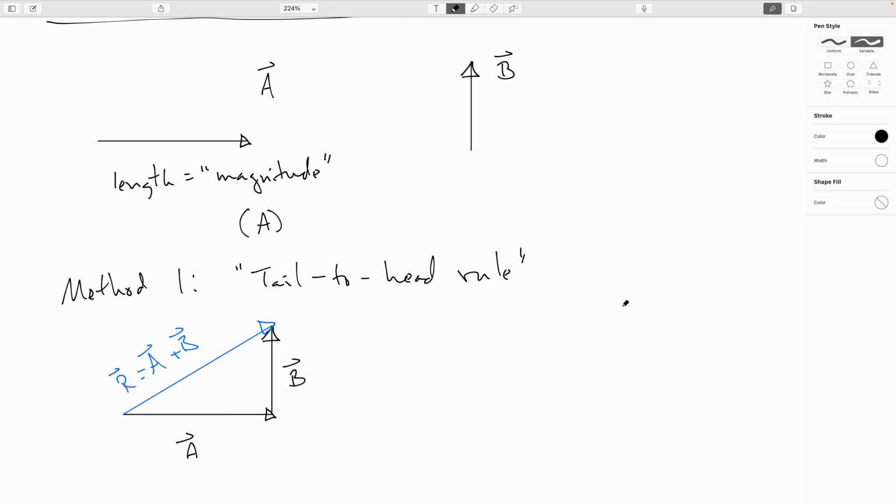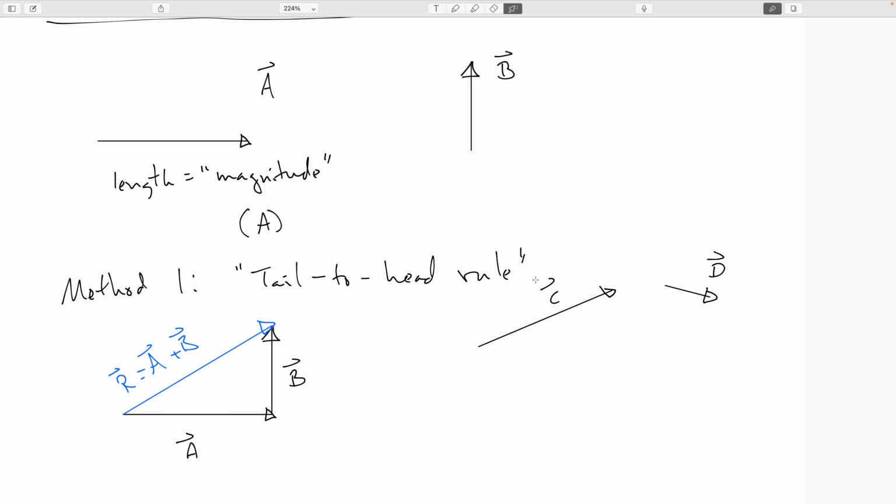Let's go ahead and do another example just to show what happens if we don't have nice, clean up, down, right, left vectors. So let's do another displacement. Let's say C and, I don't know, D, like that. All right, so I can play exactly the same game I played before.